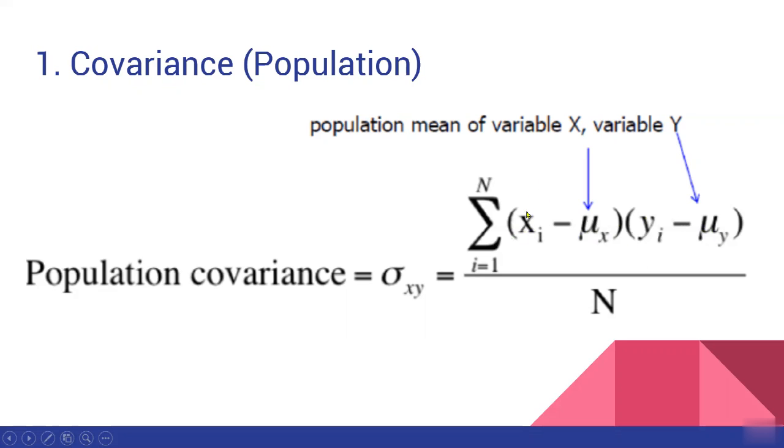Xi is each individual in the population. Yi is the second variable, each individual in the population. Mu x is the mean of x. Mu y is the mean of y. This is the definition of covariance.